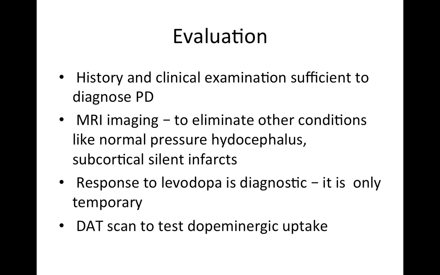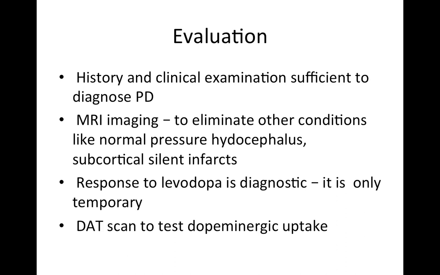Coming to the evaluation. History and clinical examination are sufficient to diagnose Parkinson disease. Laboratory workup help you very little in making the diagnosis of Parkinson disease. You can do MRI imaging in order to eliminate other conditions like normal pressure hydrocephalus and subcortical silent infarcts.